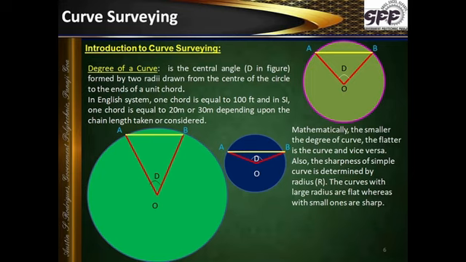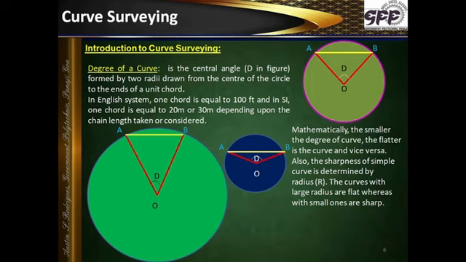Now, whenever we talk of the English system, say in the UK or the West or even in North America, the unit chord is taken as 100 feet. In SI units, the international system, one chord is taken as one chain length, and this chain could be 20 meters or 30 meters.